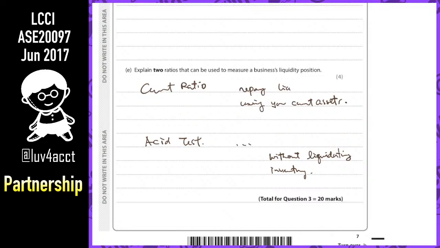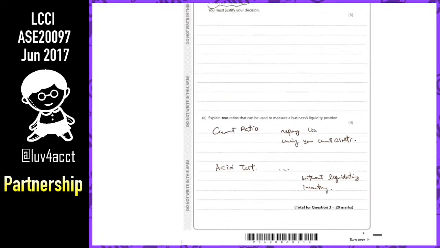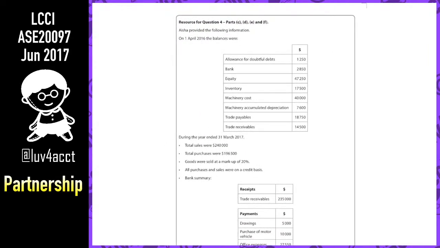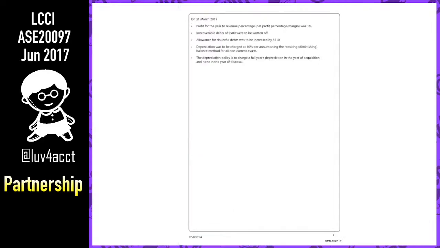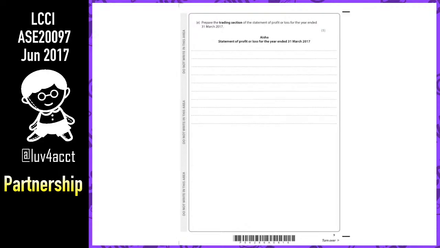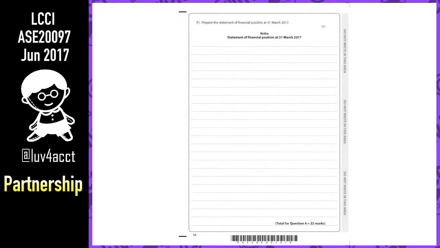Okay, so that is for question 3, and we still have 2 questions after our break. Question 4, single entry. Calculate trade receivables, trade payables, the statement of profit and loss, trading section only, and then the statement of financial position.